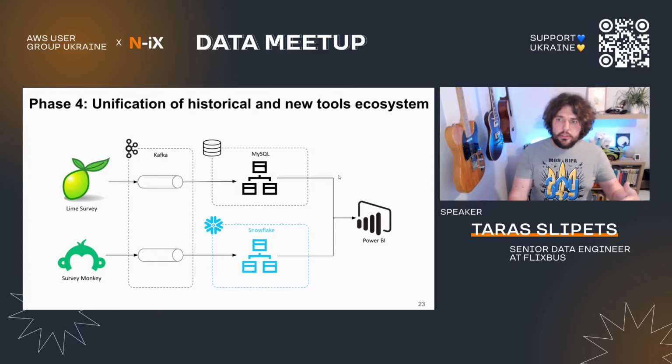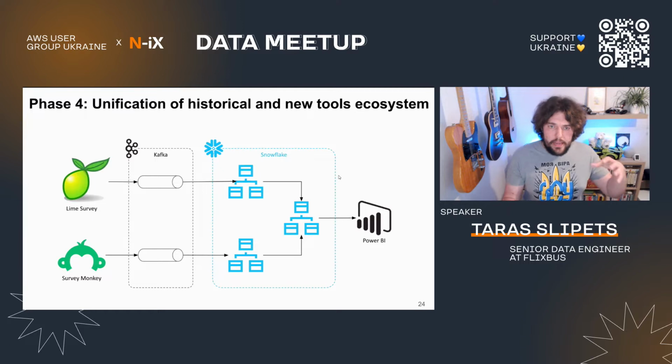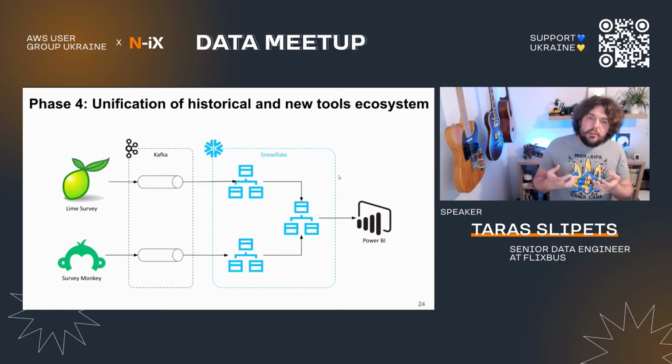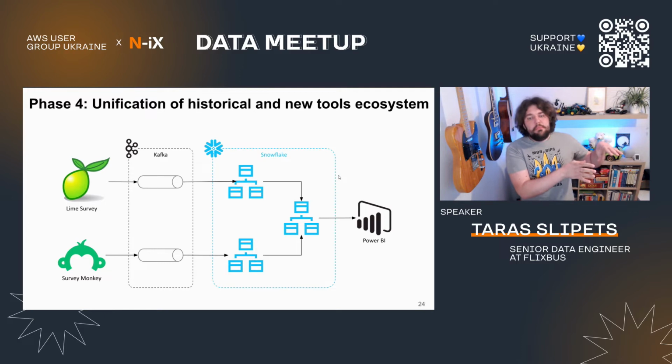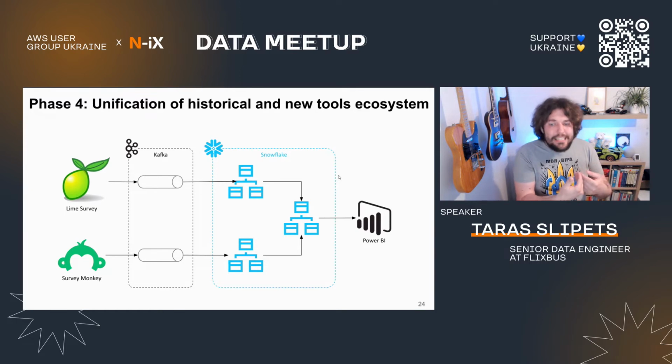However, the next maturity phase would be if I abstract the fact that the data was taken from different tools. And that's where the previous step was needed as a prerequisite, because if I present it as an EAV model, then I get rid of the need to structure my data in a fixed, hard-coded way.